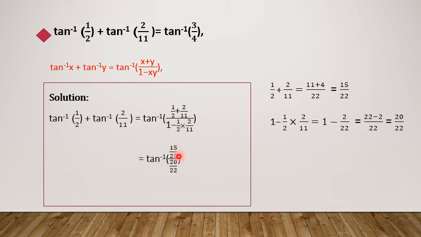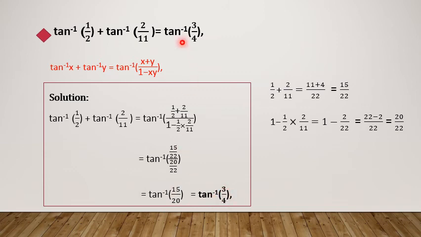Also 1 by 22 is in both numerator and denominator, so we can cancel, and the answer is tan inverse 15 by 20. Or we can just simplify. Here 5 3s are 15 and 5 4s are 20. So by cancelling, tan inverse 3 by 4.